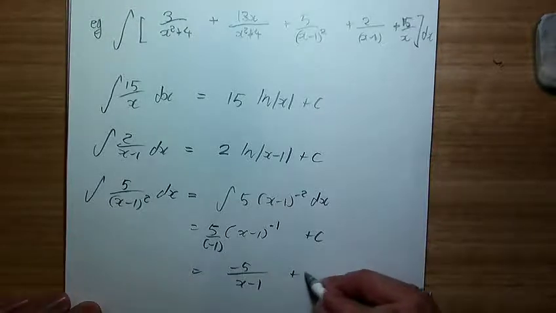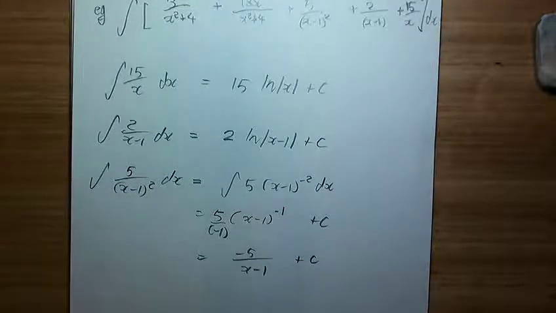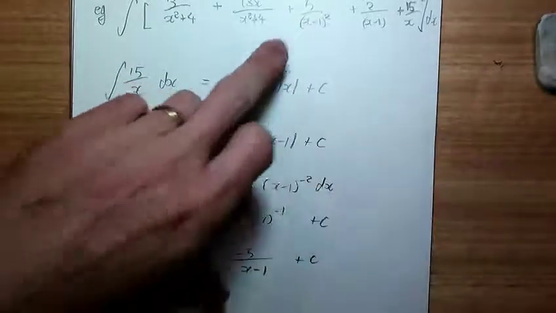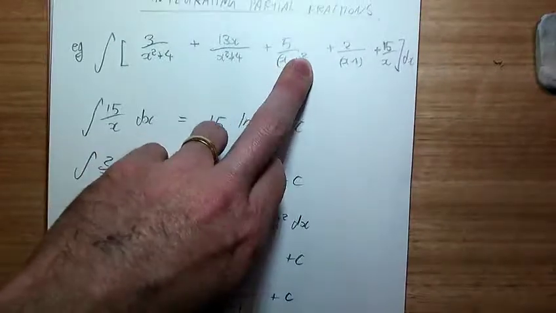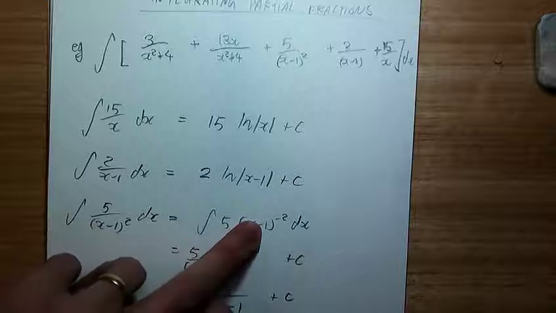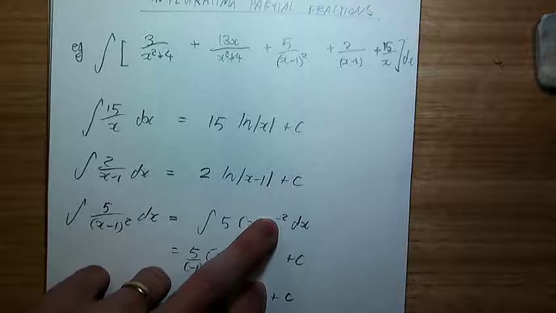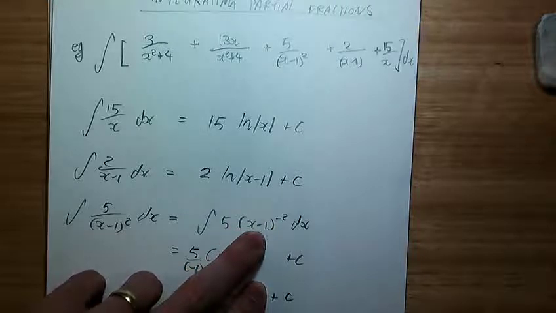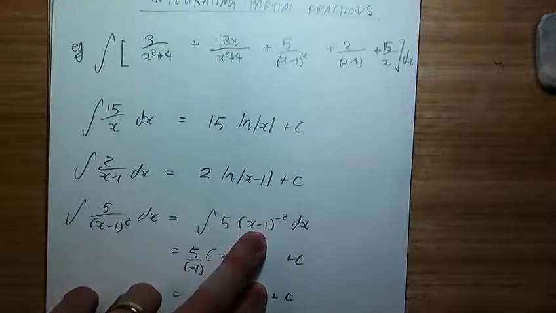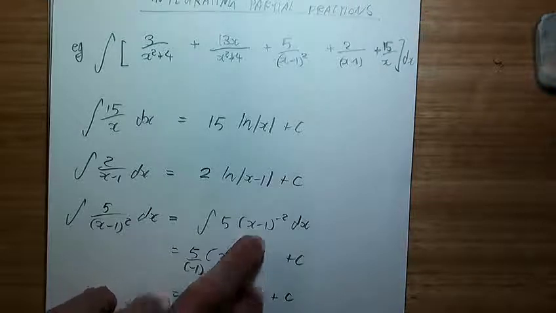Like that. So that's these ones. Anything where it's not a single power, you need to rewrite it as a negative power and do it that way. Technically, I should have mentioned that since the inside isn't just x, I have to divide by its derivative, but the derivative is 1 anyway, so I don't have to worry about it.